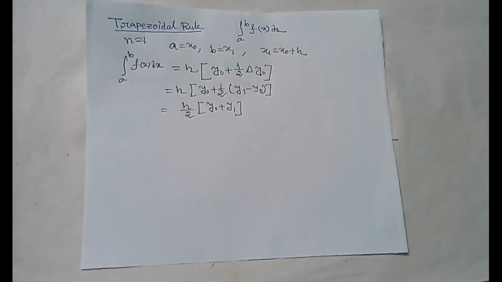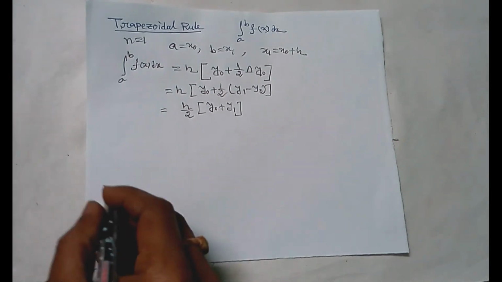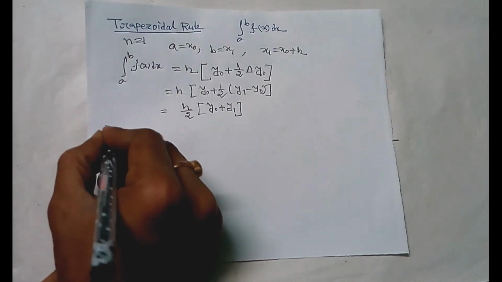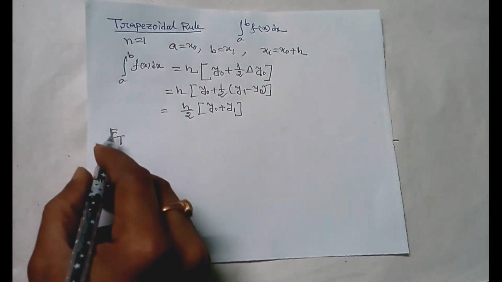Now since Gauss-Legendre quadrature formula is an infinite series, but in this case we have taken only 2 terms, all the remaining terms will appear as error. So we shall evaluate the error. Here we denote the error in trapezoidal rule by ET.